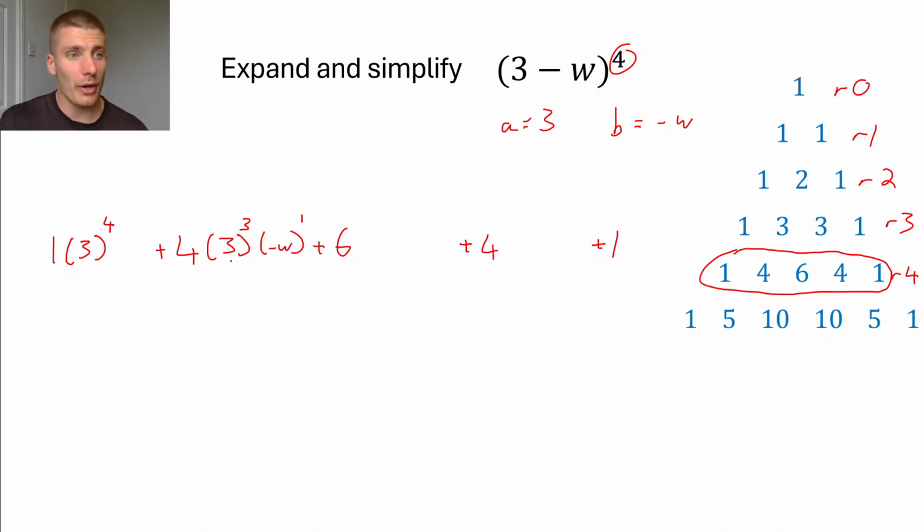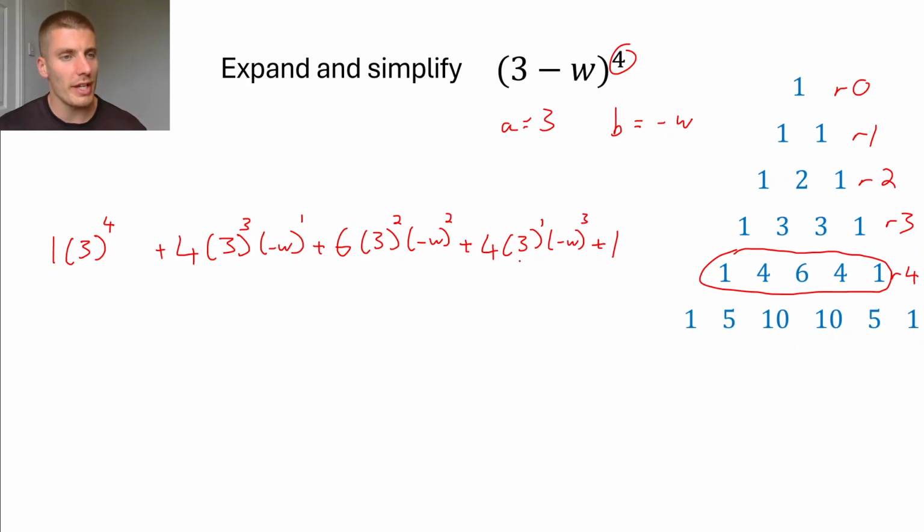You then reduce the power of a again, which is 3, by 1, to give you 3 squared, and b, which is minus w, increases to the power of 2. So minus w squared. And again, 2 plus 2 gives you 4, which is really useful. You reduce a again by 1, so a is 3 to the 1, and b increases to minus w cubed.